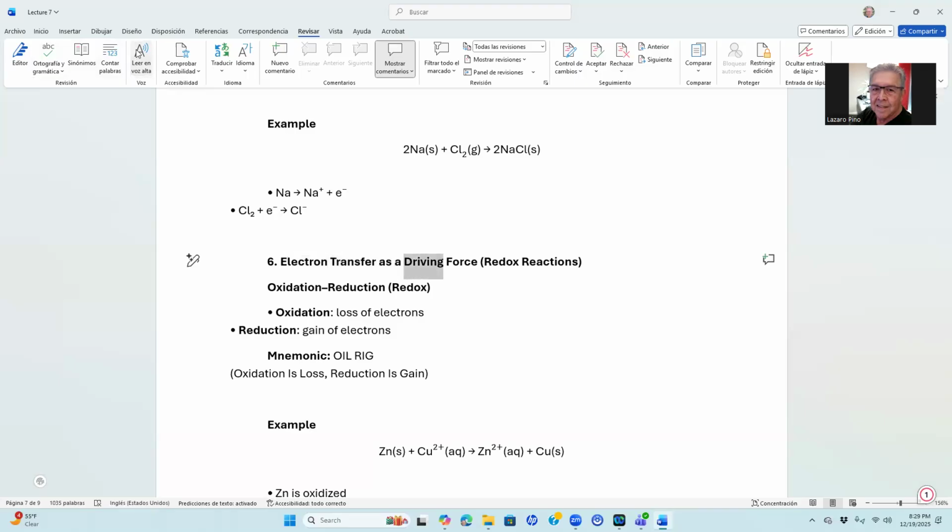Electron transfer as a driving force, redox reactions. Oxidation or reduction, redox. Oxidation, loss of electrons; reduction, gain of electrons. Mnemonic: OIL RIG, oxidation is loss, reduction is gain. Okay, you can use this word in order to remember that oxidation is loss.